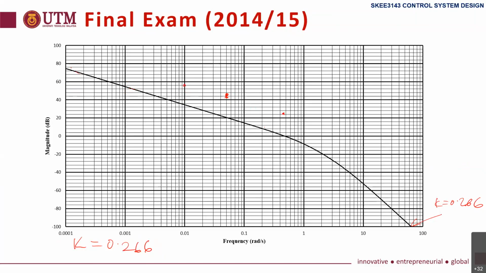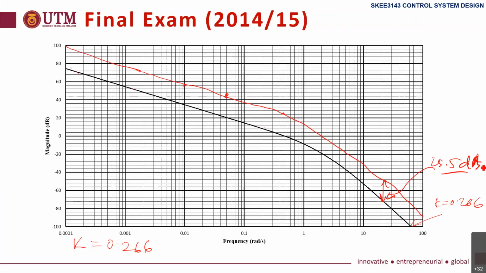Okay, so you just estimate, but all must be increased by 25.5. 25 meaning at about 100. Okay, so all must be shifted 25.5 dB.